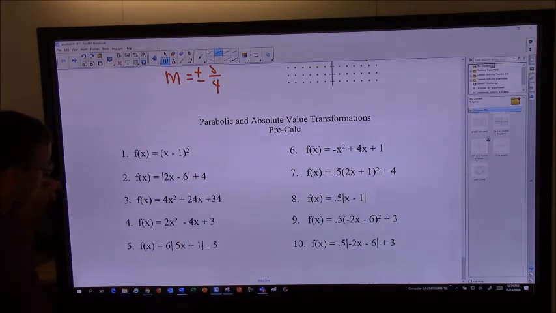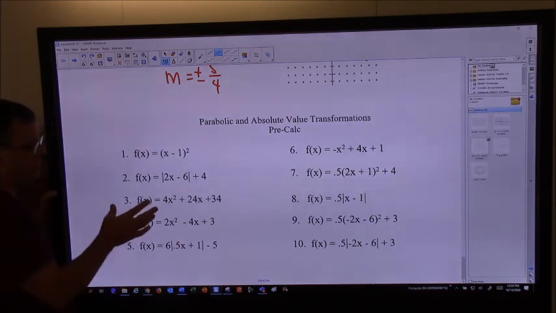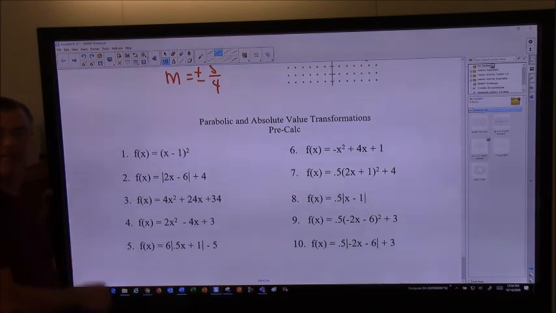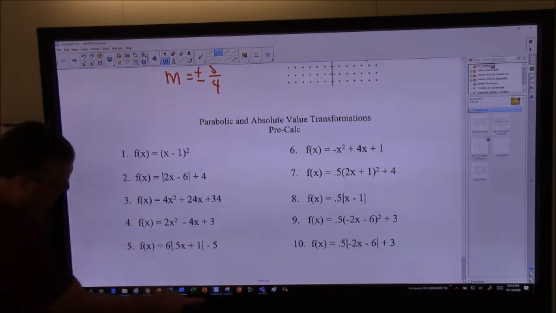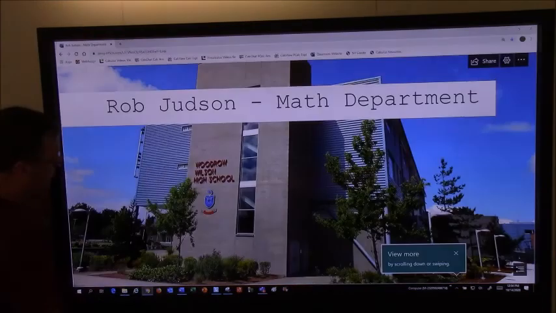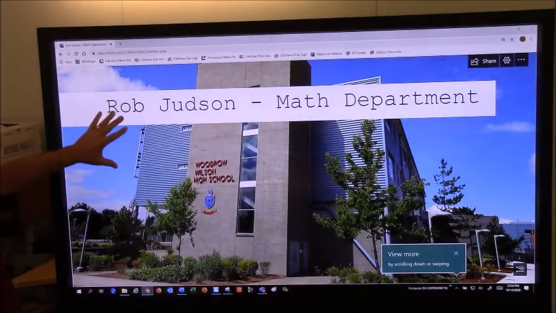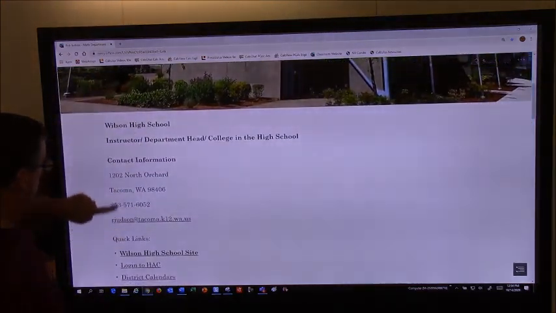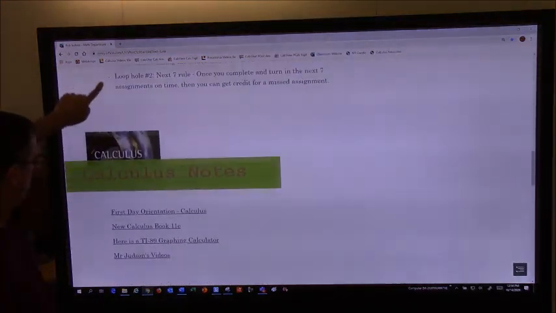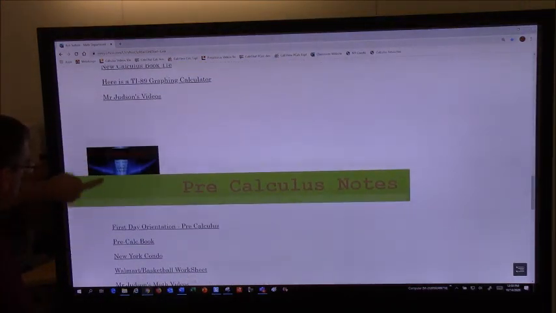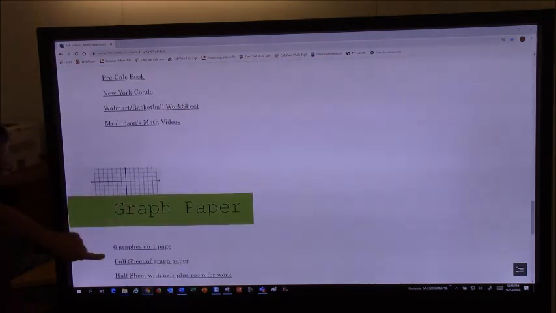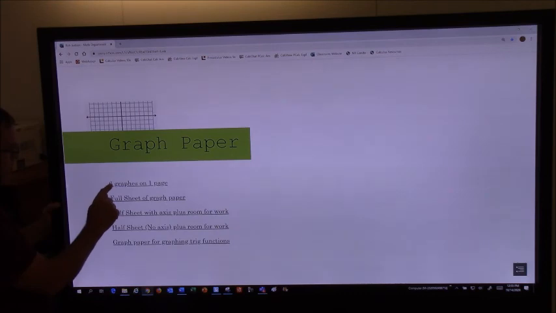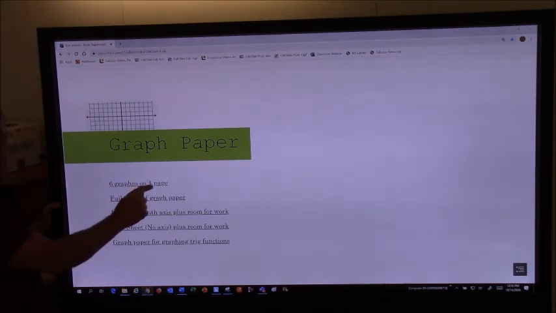Now, the other thing that I want to say to you guys is, since we're graphing things right now, it would be nice to have graph paper to do this on. So if you go to my Sway page, classroom website, and go down to where it says graph paper, right below pre-calculus, here's graph paper, and right here we get 6 graphs on 1 page.